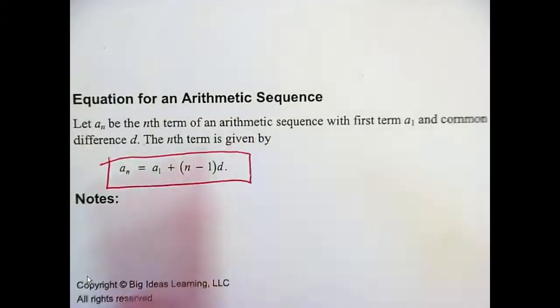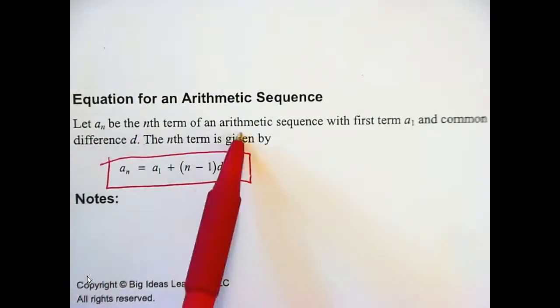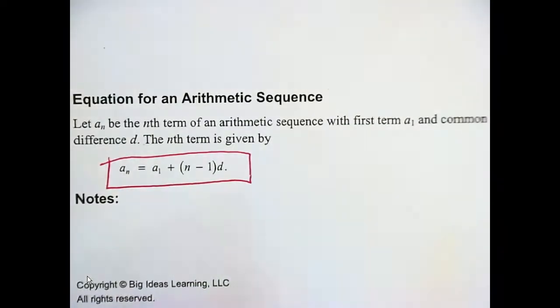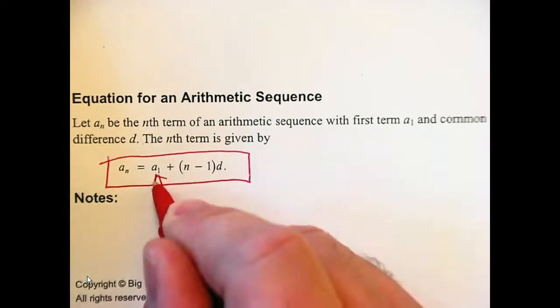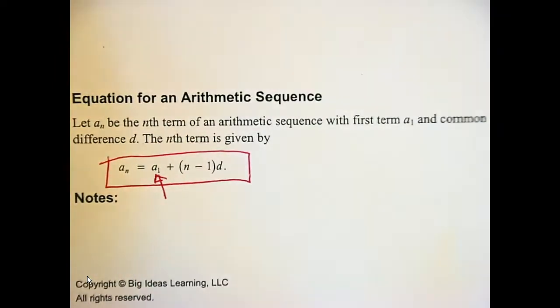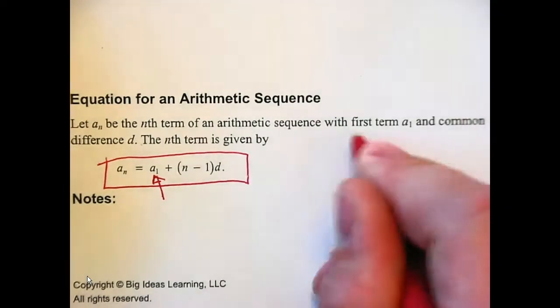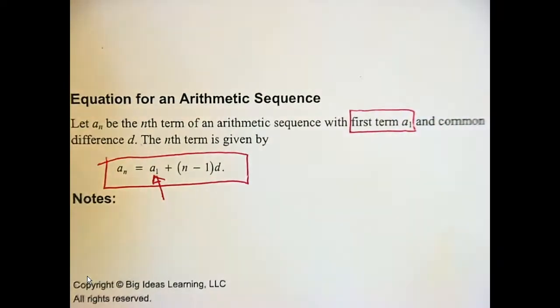The equation for an arithmetic sequence: a sub n is the nth term of the sequence, with the first term being a sub 1. So what you need to note here, Logan, is that a sub 1 stands for what? No, that stands for our first term. That's what the little 1 stands for.